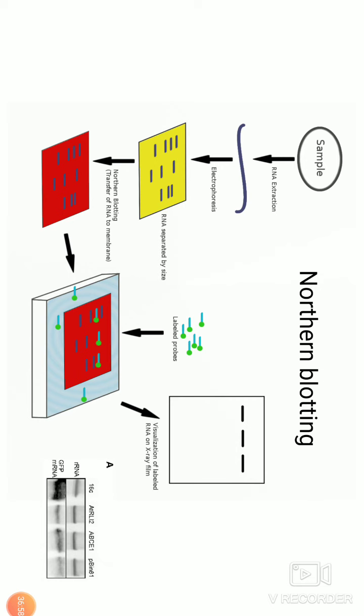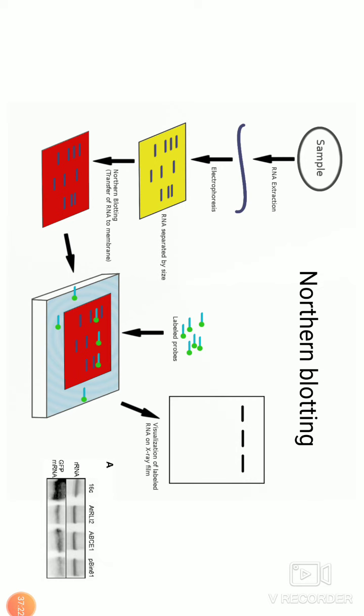You have mRNA, ribosomal RNA, tRNA, and now microRNAs, which are short RNAs. So if you are using mRNA, then it is easy to use agarose gel. But if you want to detect a microRNA, then you have to use polyacrylamide gels.